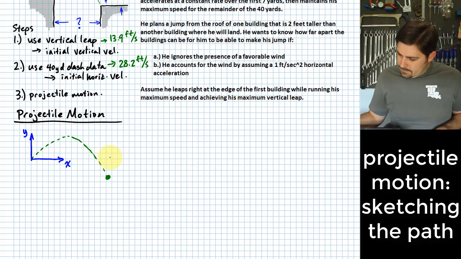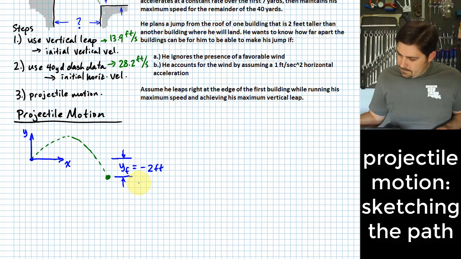One of the things that we know is that relative to his starting point, it's going to drop here by 2 feet. So I'm going to call this y sub f. Y sub f is going to be equal to negative 2 feet. That's how far down he goes from his initial starting point, which we're assuming starts at 0, 0. He drops by 2 feet.